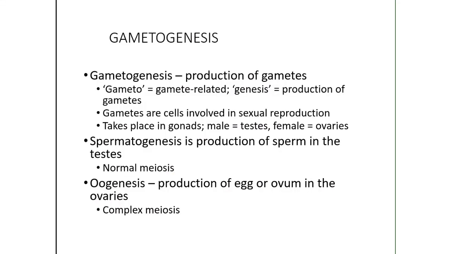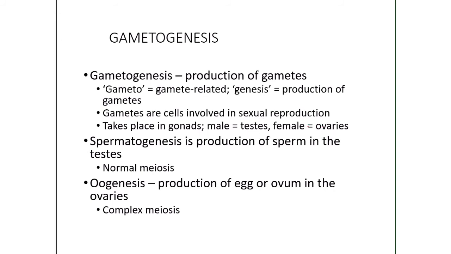Meiosis in humans is actually referred to more correctly as gametogenesis. Gametogenesis is the production of gametes. Gameto referring to the gametes, sperm and egg. Genesis is to create. So we are creating gametes in the gonads, which would be the testis in male and ovaries in female.